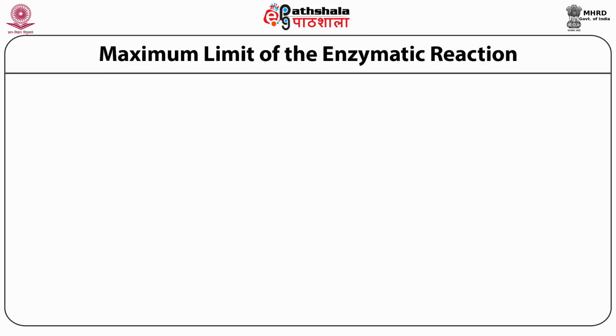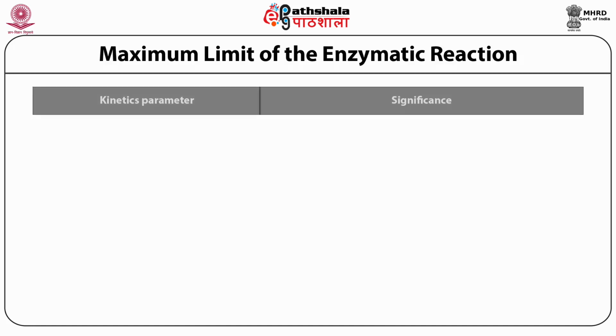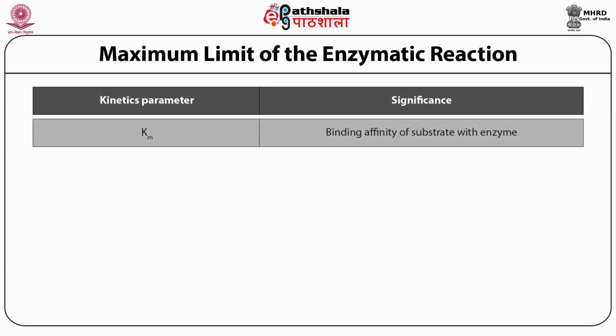So based on all the discussion, now we can have all information about different kinetic parameters. For example, in this exercise, you can see that Km gives you information about binding affinity of the substrate with the enzyme.